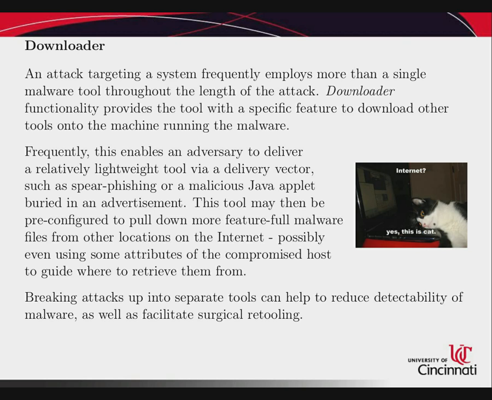The big thing here is that it allows them to break up the attack into separate tools. That can help reduce the detectability, if they do it right, of their attack. It can also facilitate what I call surgical retooling. So if they screwed up the delivery, they can very easily make from scratch a completely different downloader tool, because that's a very simple set of Windows API calls to basically have a program that runs, downloads something, executes it, and then exits.